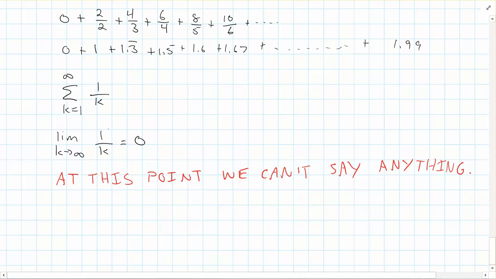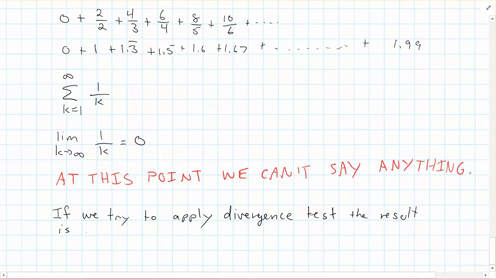Only if this limit is not equal to 0 can I claim that it's a divergent series, like we did in the previous example. But if we try to apply the divergence test, the result is inconclusive, because we don't know what happens when this occurs.